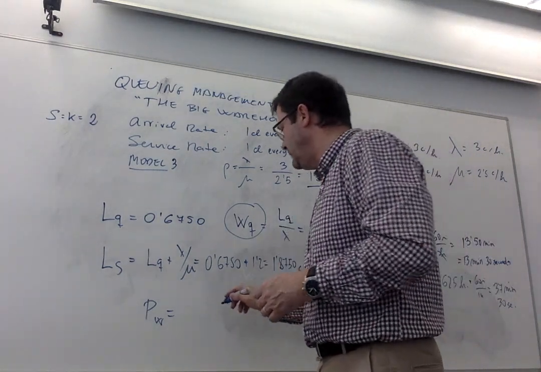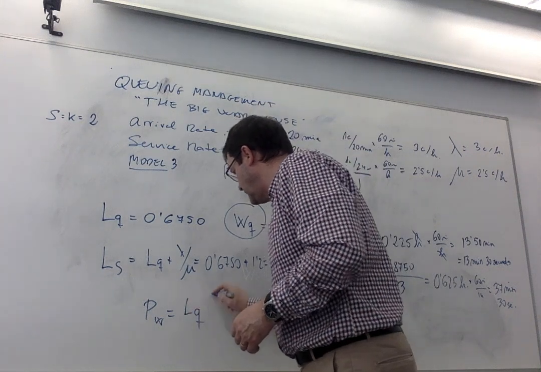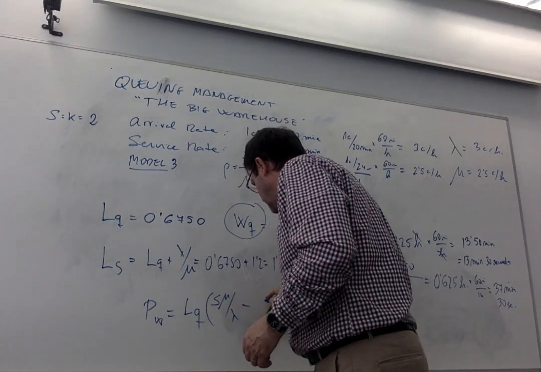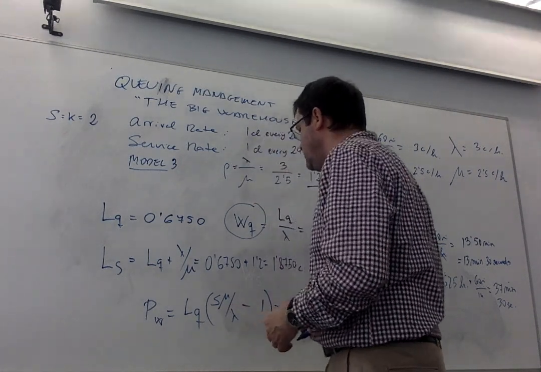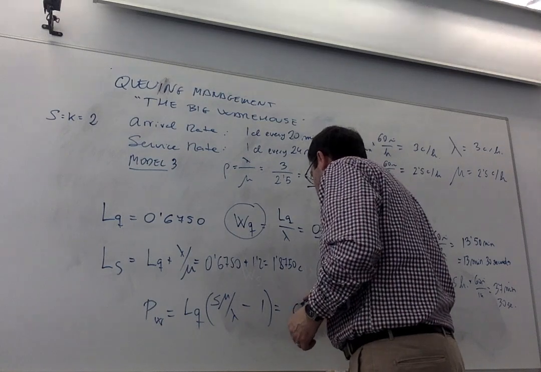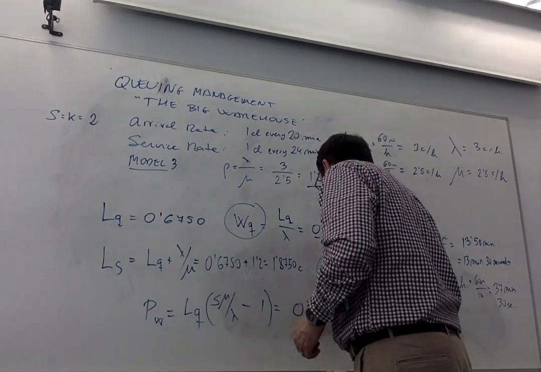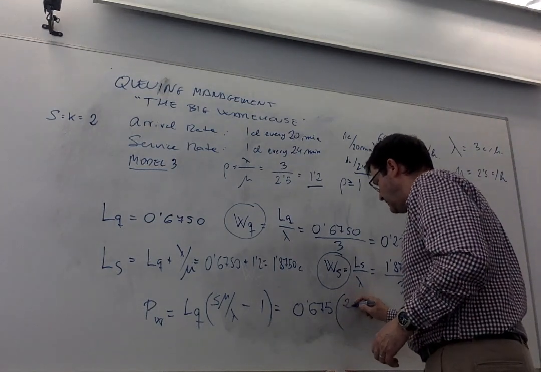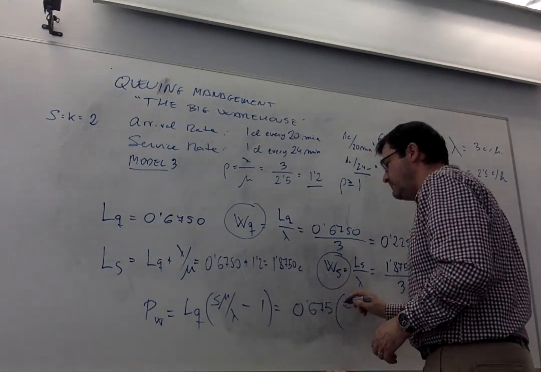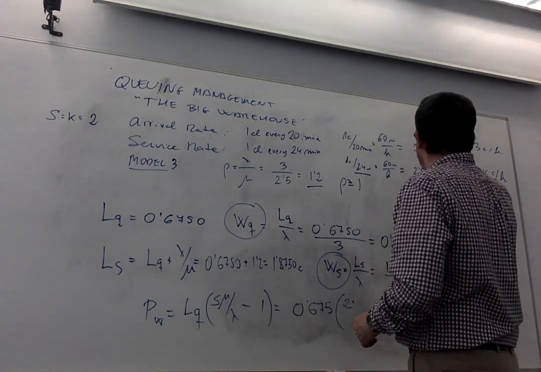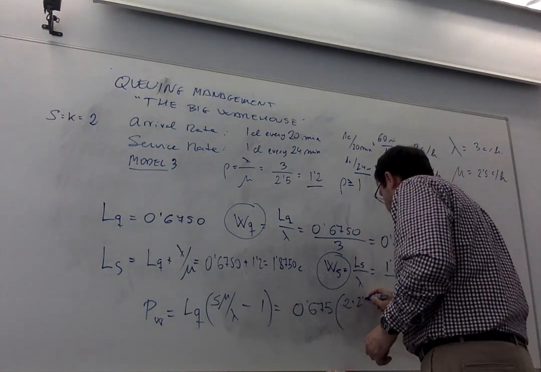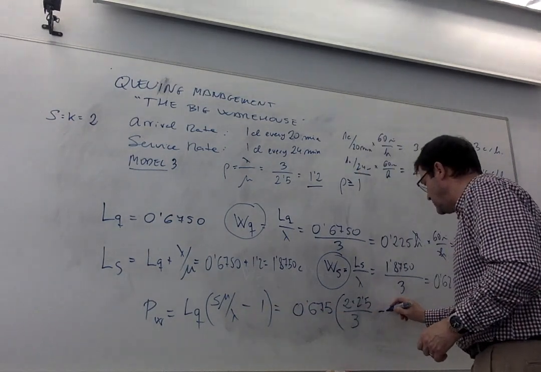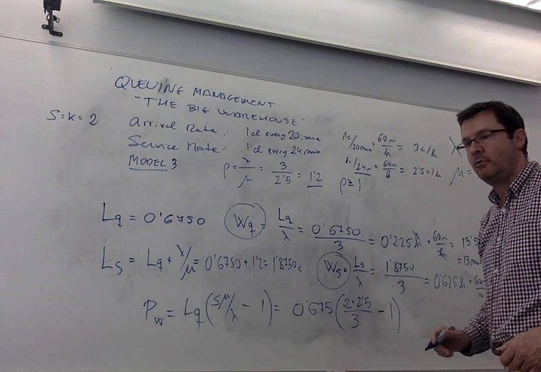So what is the probability of waiting? We use this equation for model 3. This is S times mu over lambda, minus 1. So the probability of waiting will be 0.675. We don't need the 0. S is 2, the number of channels, multiplied by mu. Mu is 2.5, divided by 3, that is lambda. And we subtract 1 from all this.